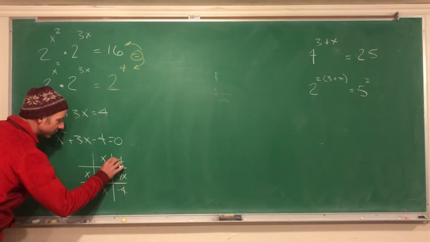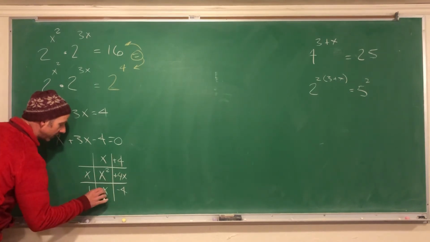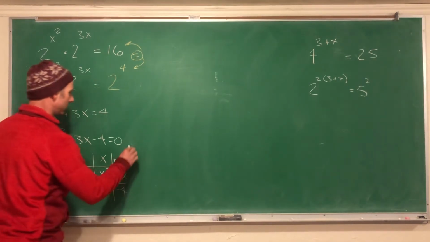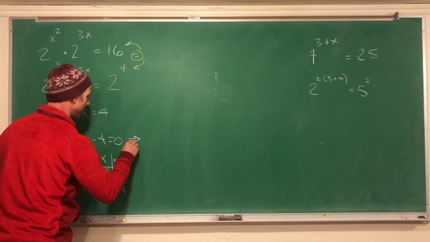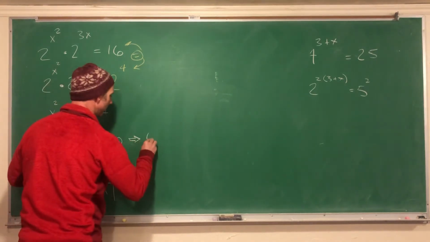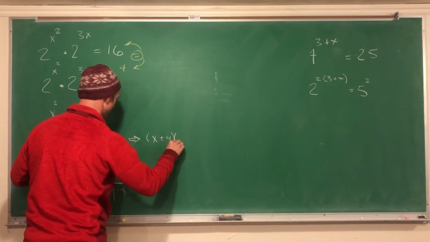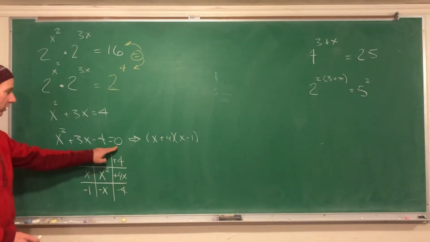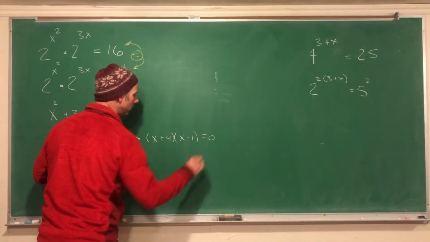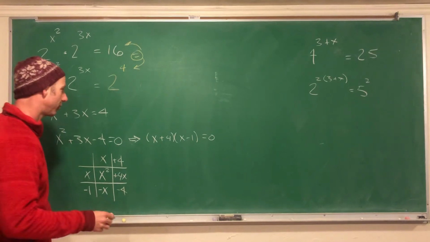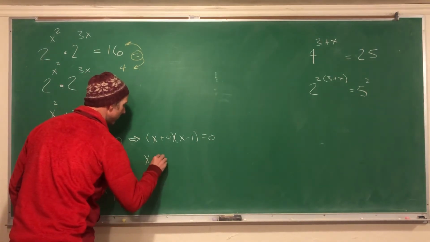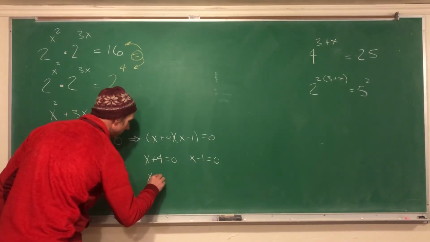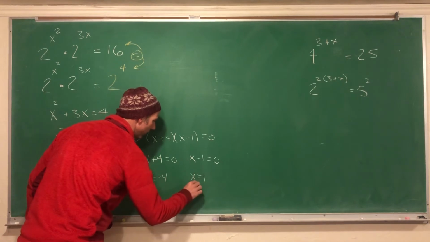So this guy gets factored to x plus 4 times x minus 1 equals 0. Now we can use the zero product property. X plus 4 equals 0, x minus 1 equals 0, so x equals negative 4, x equals 1.